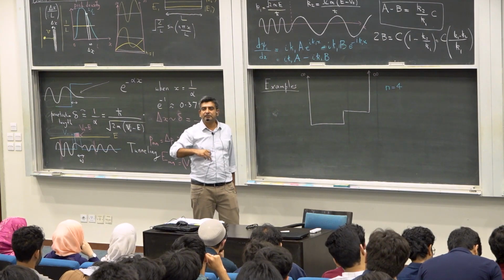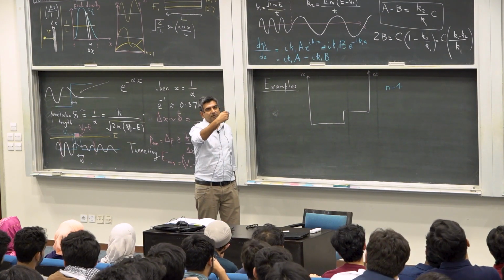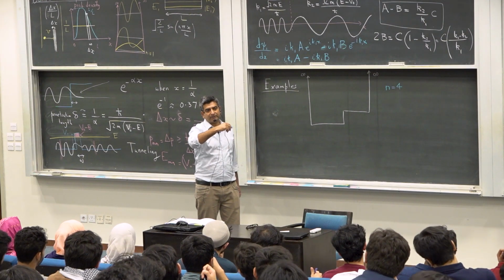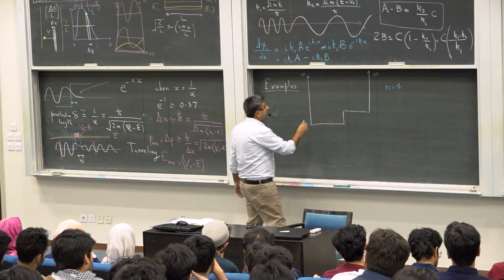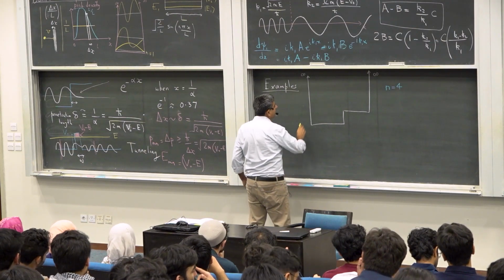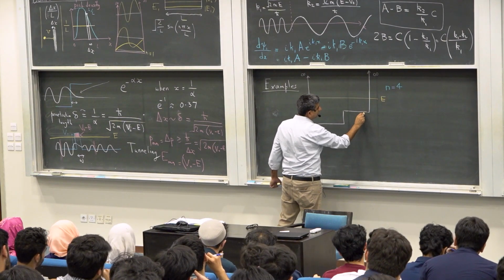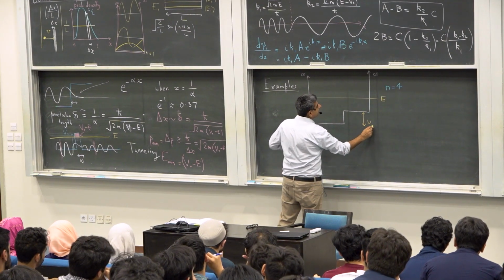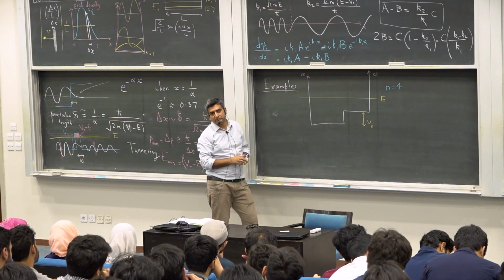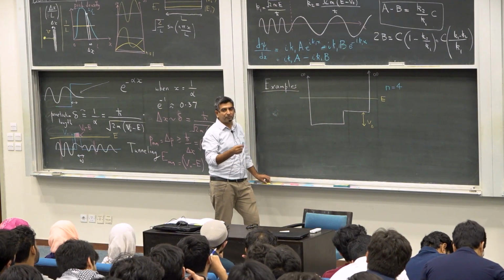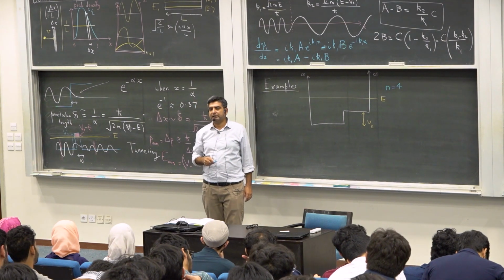Normally this has 4 lobes, 2 complete sine waves. But now the energy of the particle is this much, and this is V naught. This energy is at all times bigger than V naught. I want to plot what the wave function looks like.